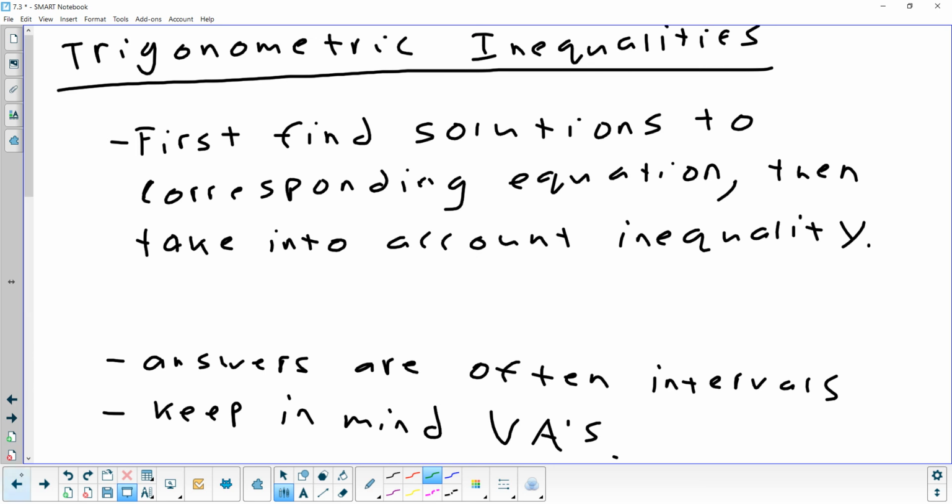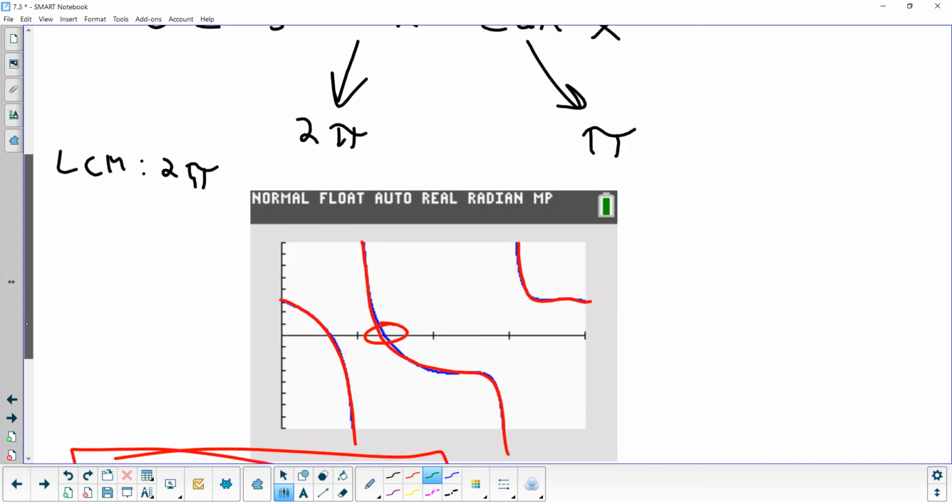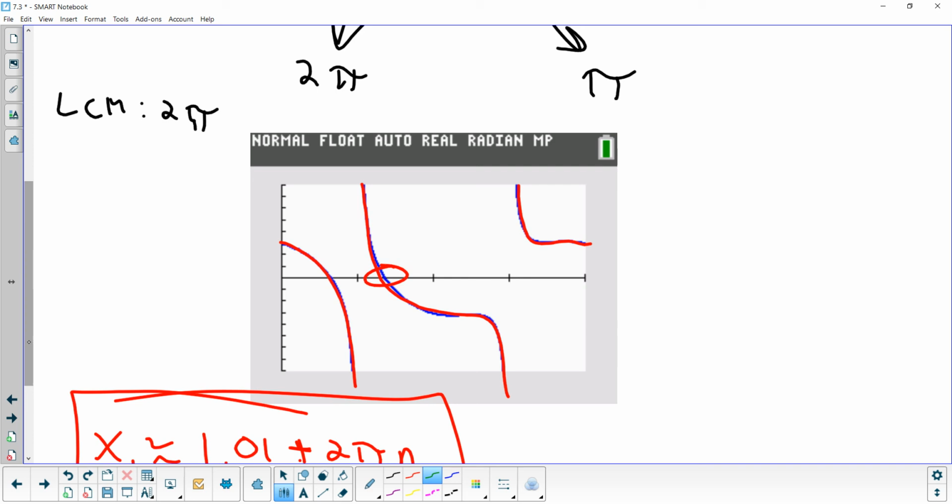Let me go back to an example of that. Something like this. If I asked you where this particular graph is below 0, you could say from this point, which you'd have to find, up to the vertical asymptote. So it keeps going down forever until it hits that vertical asymptote, and then all of a sudden it jumps back up. And then another interval where it's negative is from here up to that vertical asymptote.